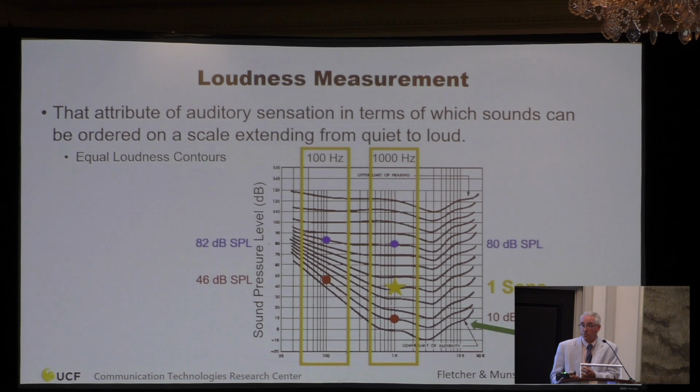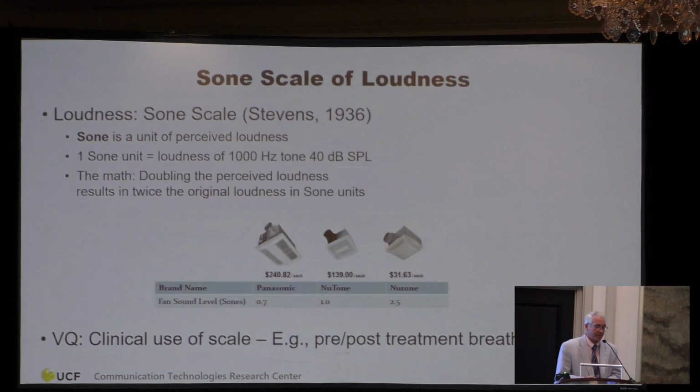and characterize their loudness in units of sones. And so, for example, I went to the Home Depot website a few years ago and I pulled up this data. This is a comparison of 3 different bathroom fans. You can see on the left it costs the most, and on the right it costs the least. And if you look at the bottom row, that's the sound level produced by the bathroom fan in sones, read from the specs of that bathroom fan.